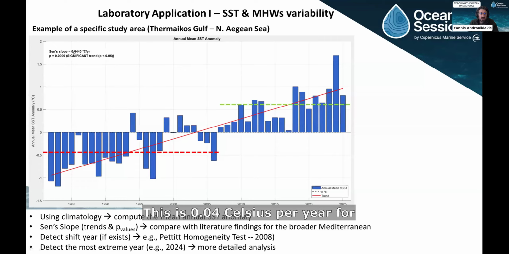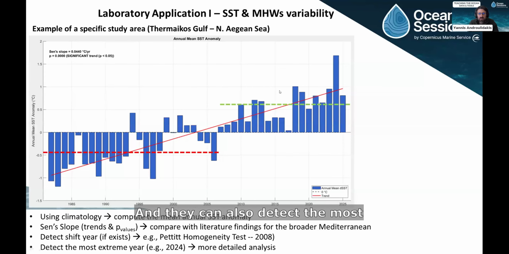This is 0.04 Celsius per year for this area, and also other statistical metrics like finding if there is a shift year where the time series shows a significant increase or decrease, a significant change.